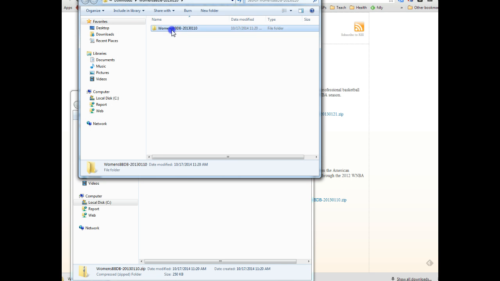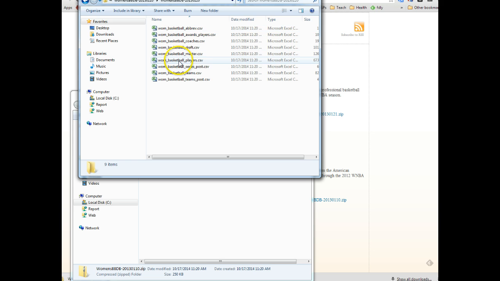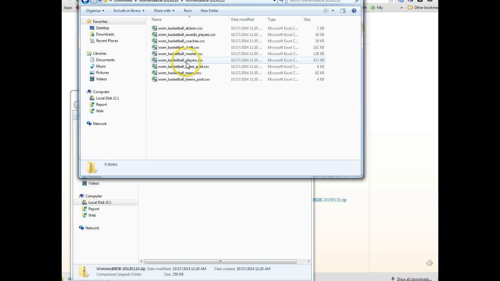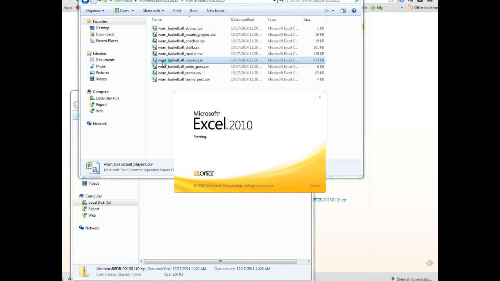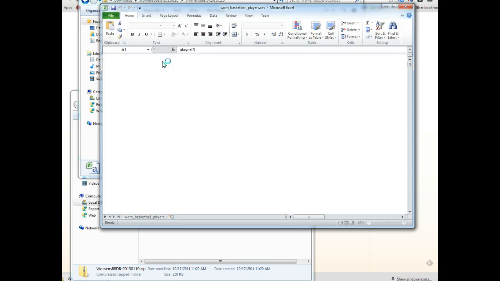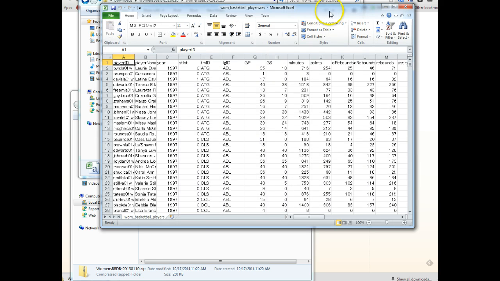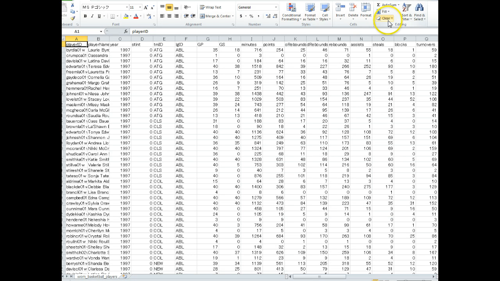Okay, here it is. Okay, let's see, which one is big? This one's really big. Players. Okay, so here we have all this data. How many rows of data are there?